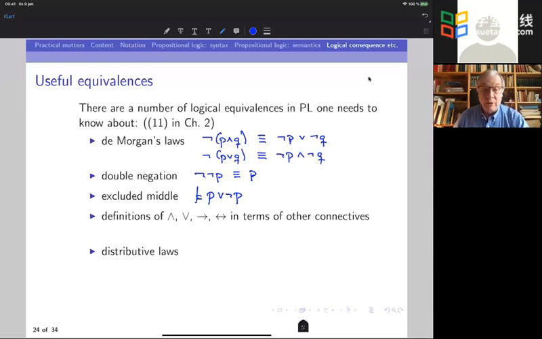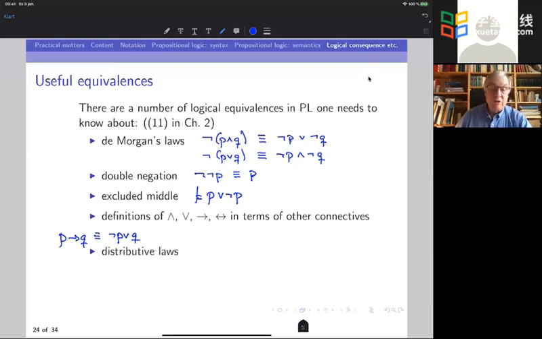Next, there are ways to define some of the connectives in terms of other connectives, and that's also important. So, for example, I can define implication in terms of negation and disjunction.